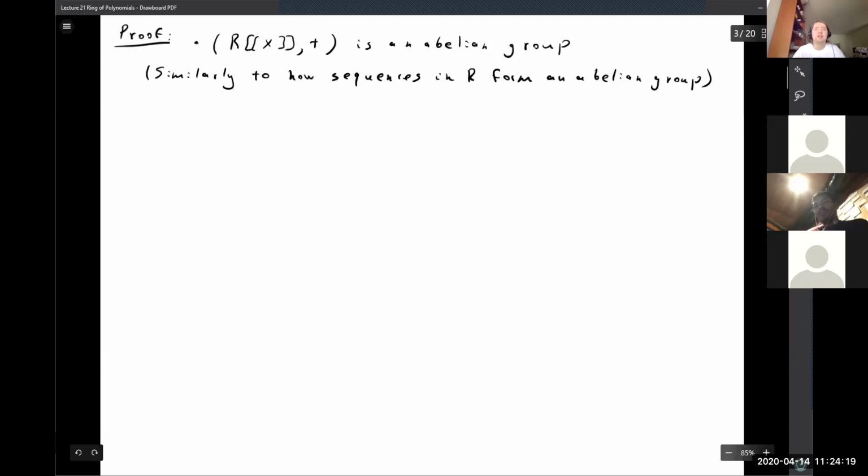The identity of this abelian group is the zero sequence, and you add component-wise and take the inverses component-wise.